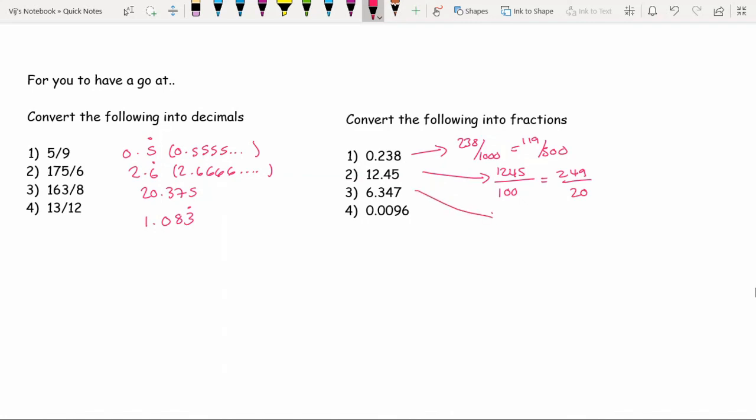For question 3, you should have 6347 over 1000, which doesn't simplify. And finally for question 4, you should have 96 over 1000, which does simplify to give you 6 over 625.